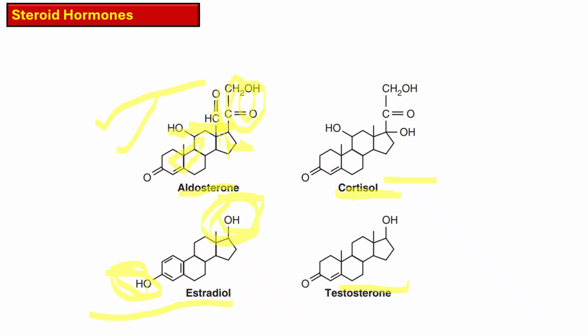Its major structure contains a hydroxyl group at positions 11, 17, and 21. It has a ketone group at position 3 and an aldehyde related side chain at C17.